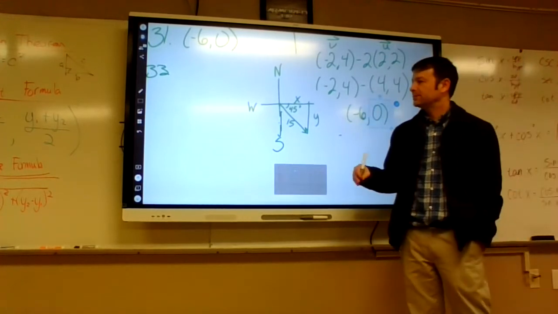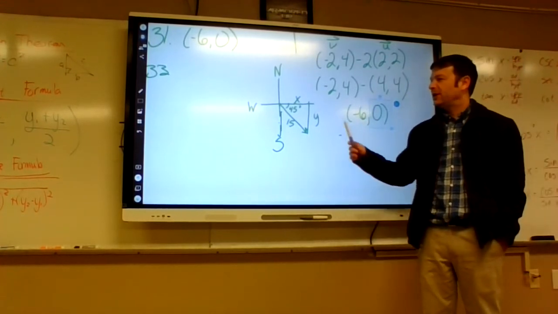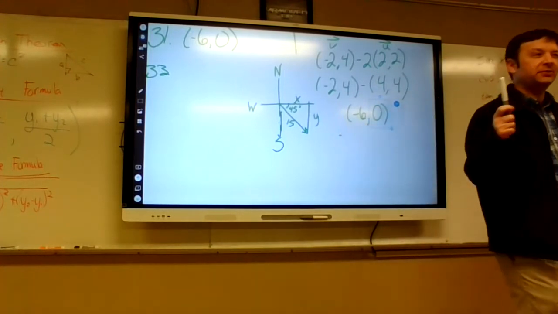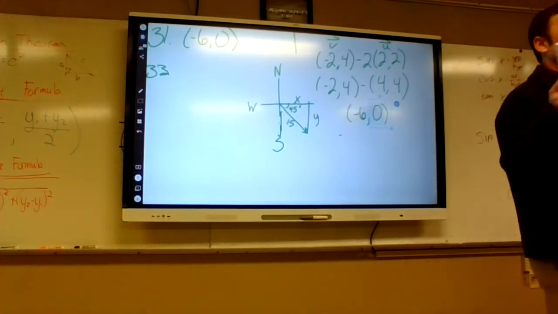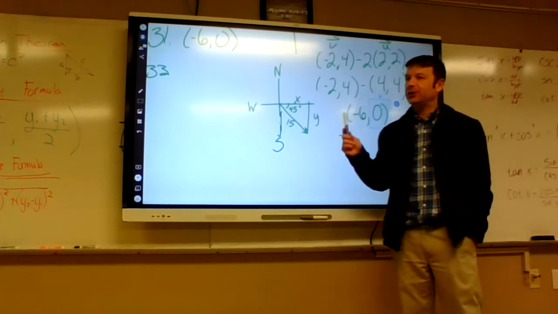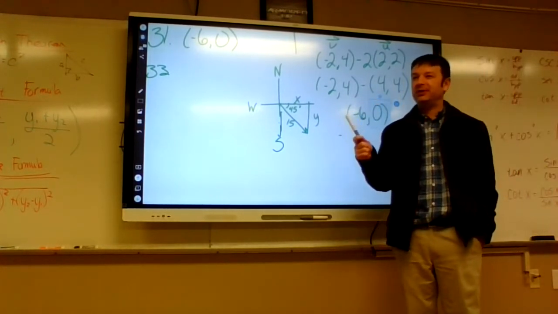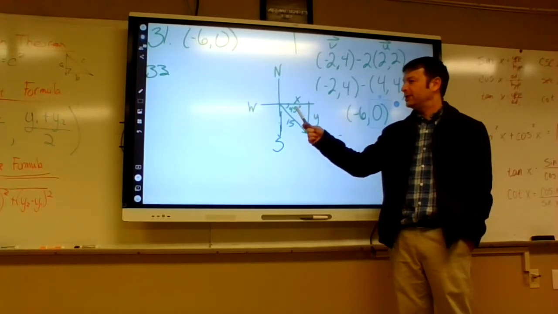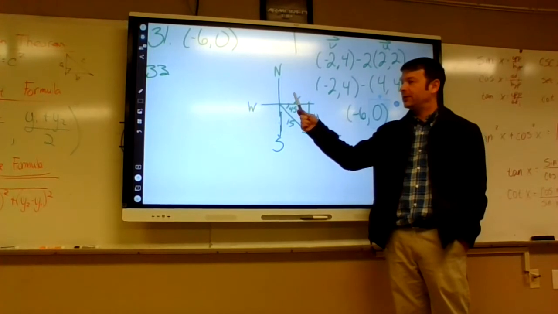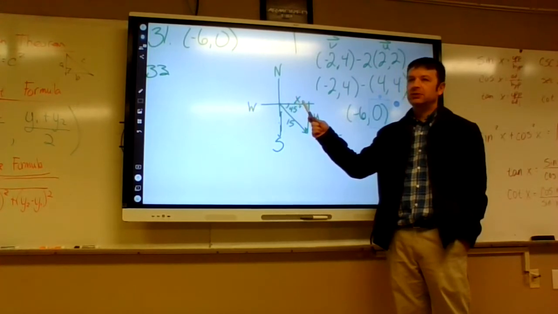Okay, there is a way to do this with special triangles. You guys remember the 45, 45, 90? I don't have a lot of faith in your special triangle abilities, so let's try trigonometry instead. Relative to this angle, what side are we looking for right here? What side is that called?